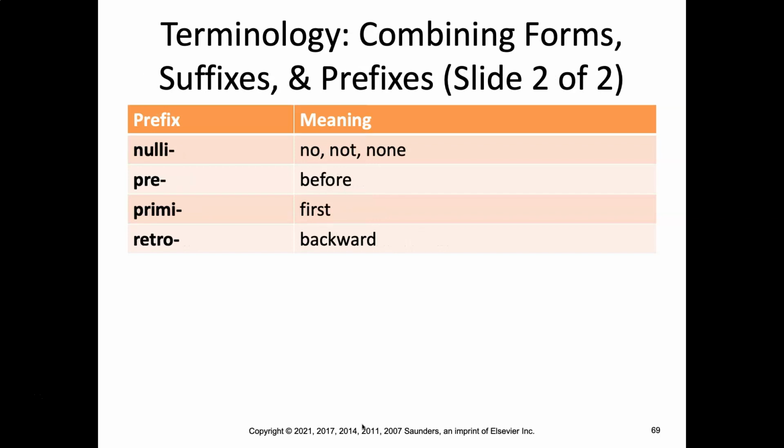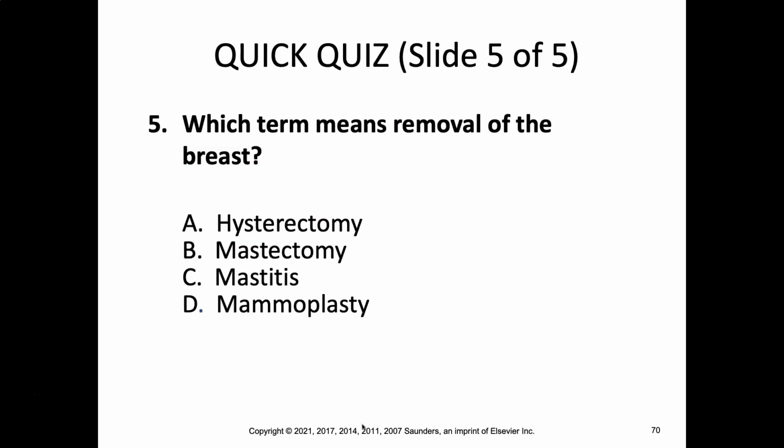Moving along here. I think we have over 100 slides on this one, so we'll keep moving. Which term means removal of the breast? Well, it's definitely ectomy for removal, but you need to look and see which root means breast.